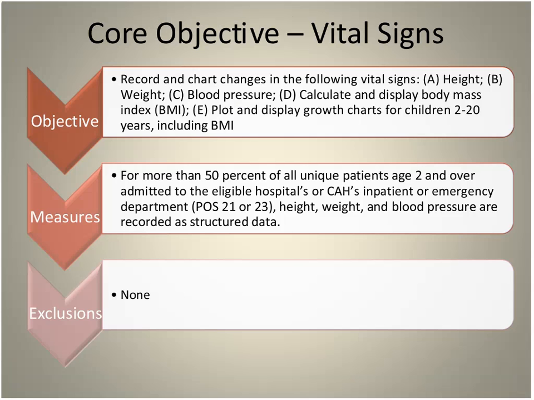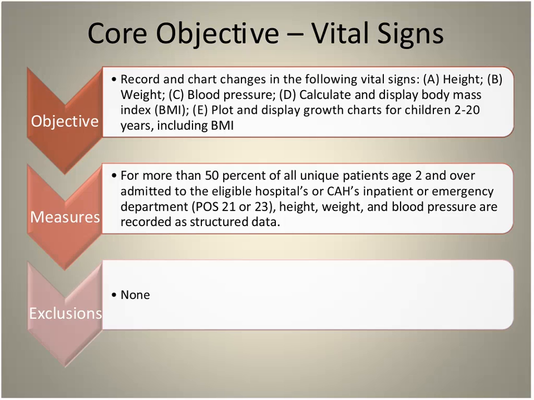So let's move to a second patient information, patient data objective. Again, a core objective, meaning we have to meet this particular objective, and that is recording vital signs, which in the definition of CMS, as far as what we need to capture, would include height, weight, the blood pressure, and then be able to calculate and display the body mass index.